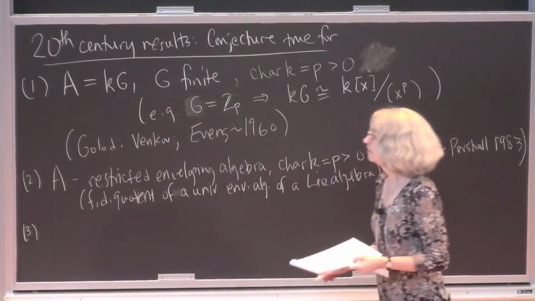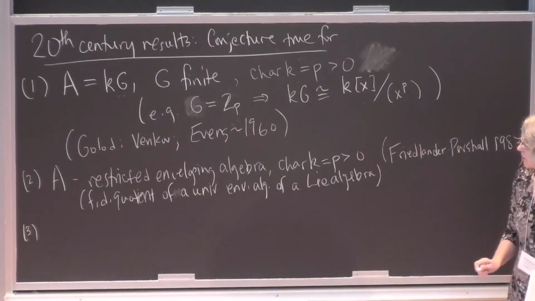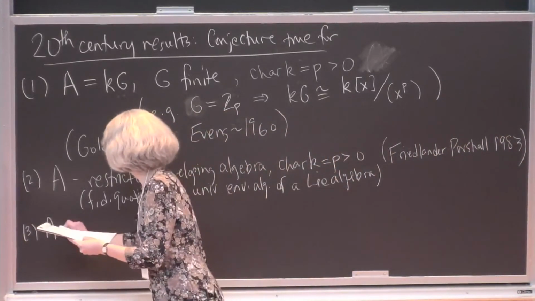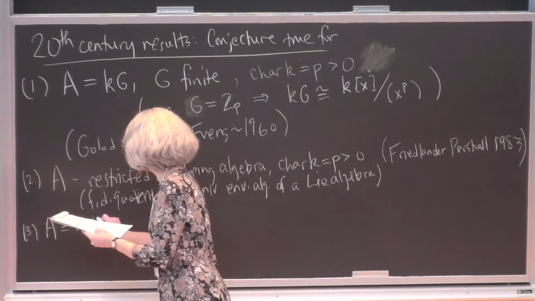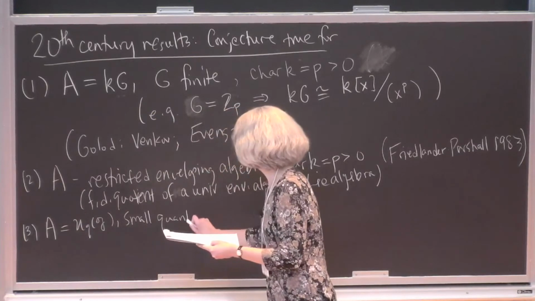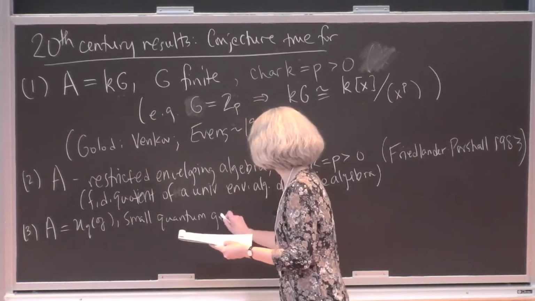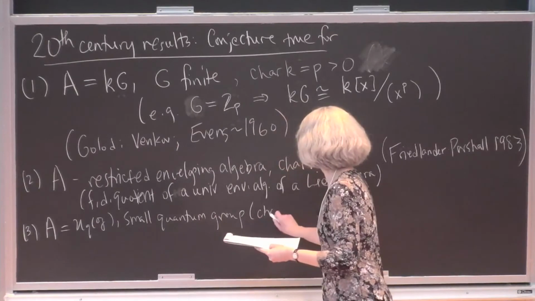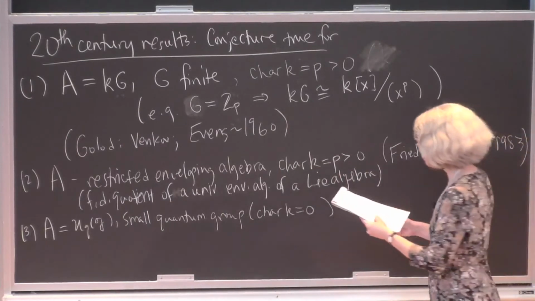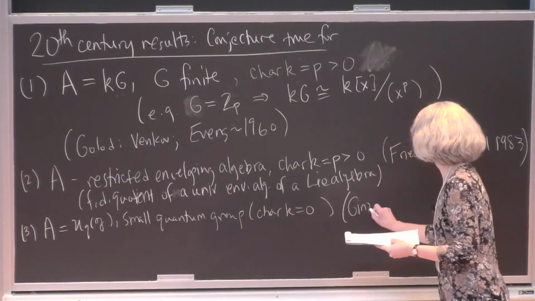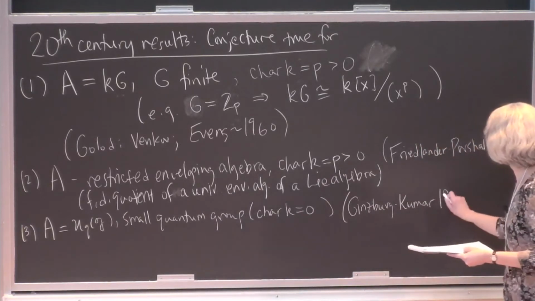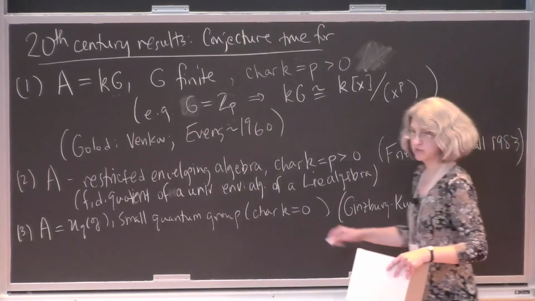The first true Hopf algebra type result involves a non-cocommutative Hopf algebra, the small quantum group. A is a small quantum group, little u_q of G, and this is in characteristic 0, where it's non-semisimple. This is due to Ginzburg and Kumar in 1993, and they had to put some restrictions on some of the parameters.